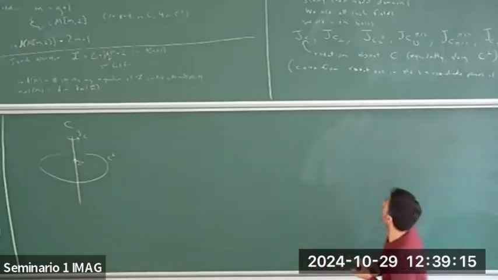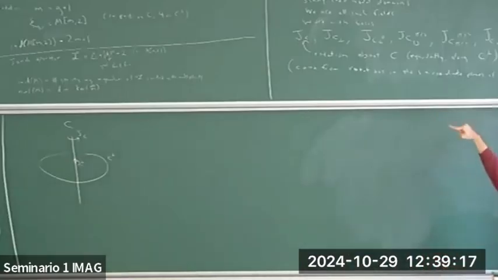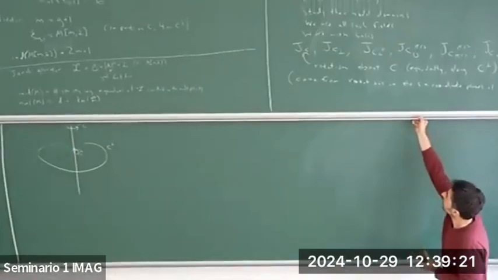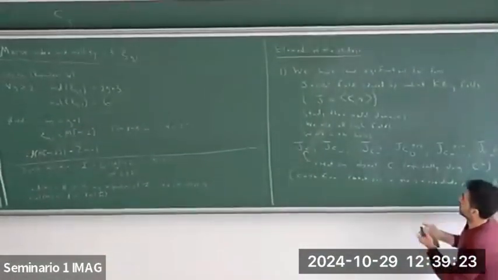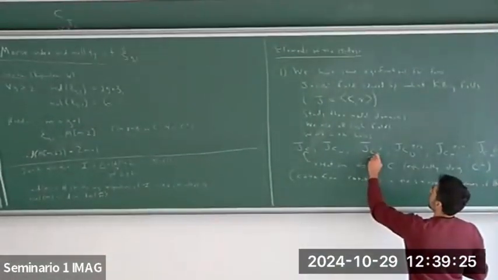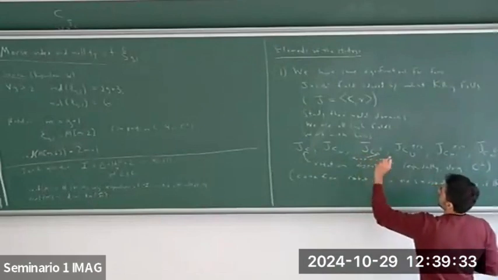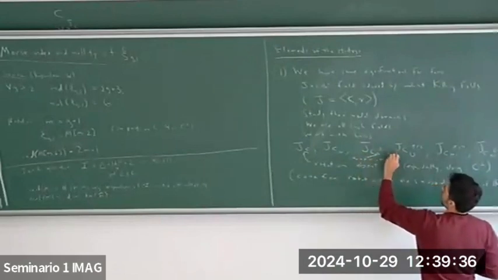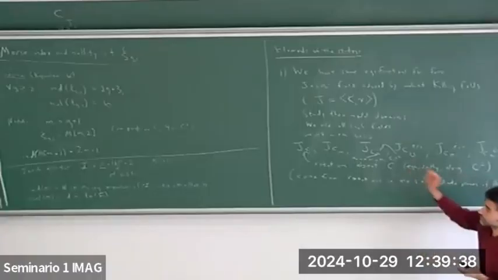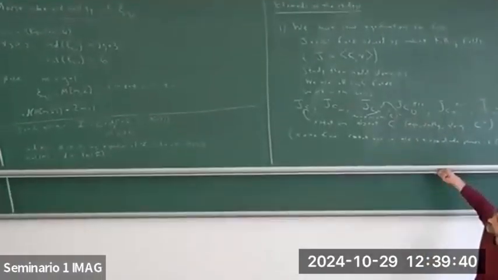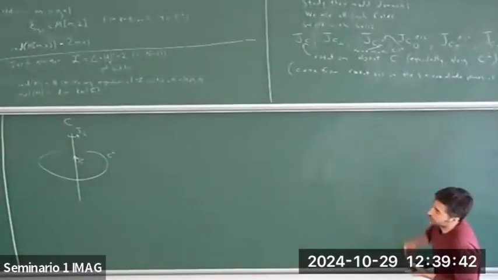So the circles are C with some lower label and upper label, and the lower label labels the intersection of this circle with C, the upper one with C perp. So these remaining four circles will be orthogonal to C, mutually orthogonal to C and C perp.